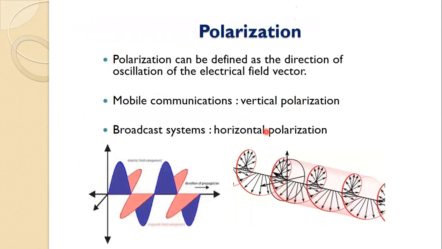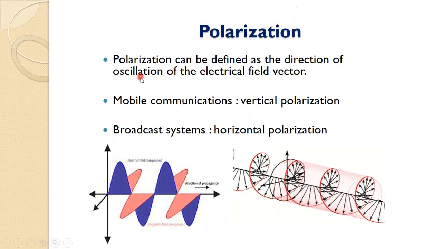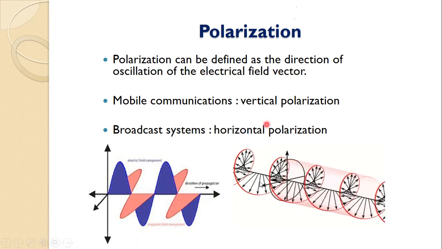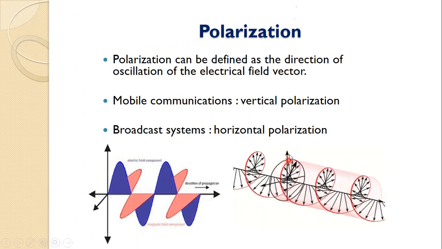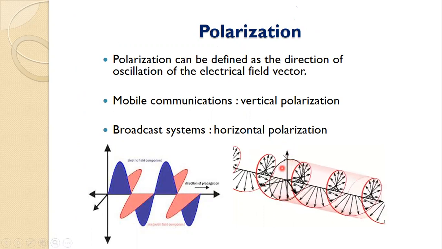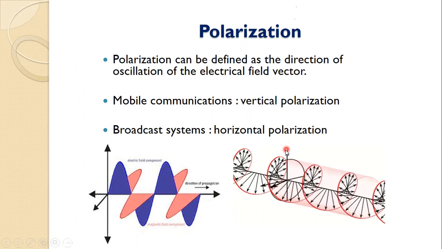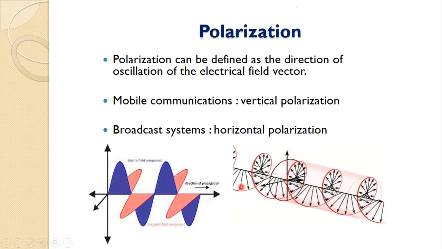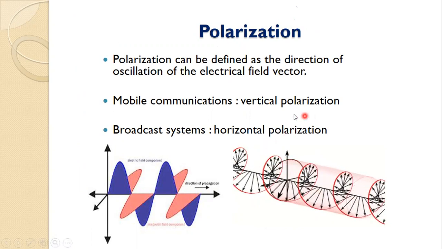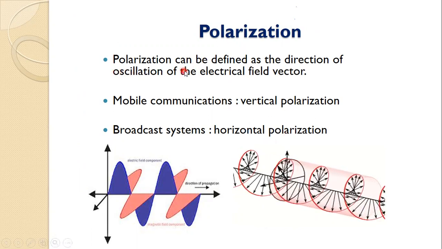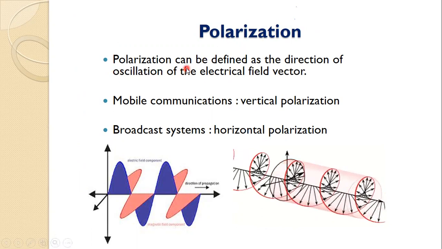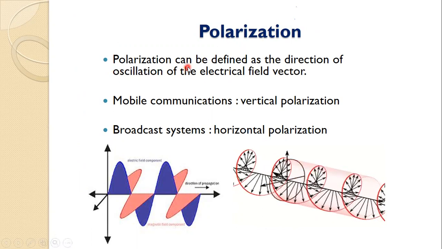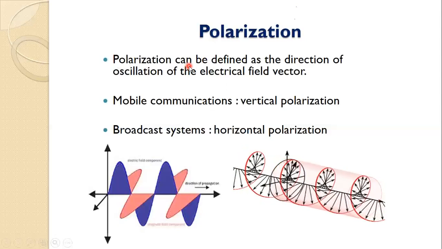What is polarization? It can be defined as the orientation of the electric field vector. You can see in this direction, the electric field is located in the vertical direction, but it has the locus of a circle. So polarization can be of three types: linear polarization, circular polarization, and elliptical polarization.